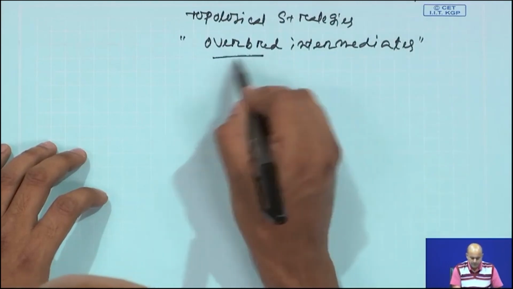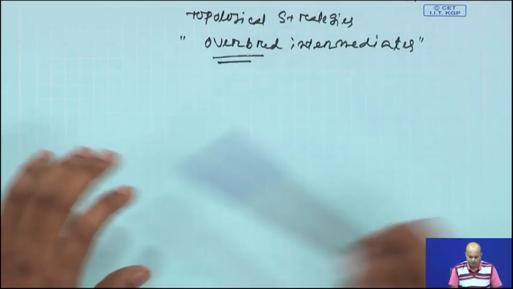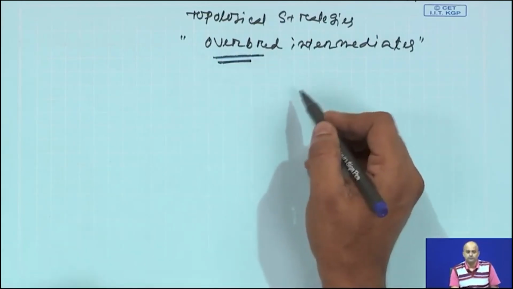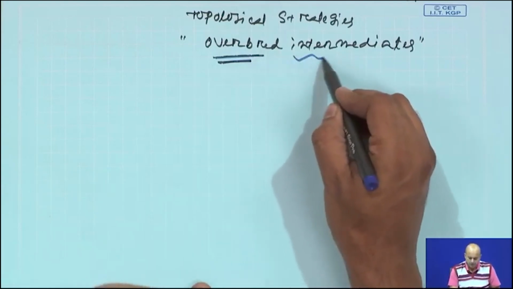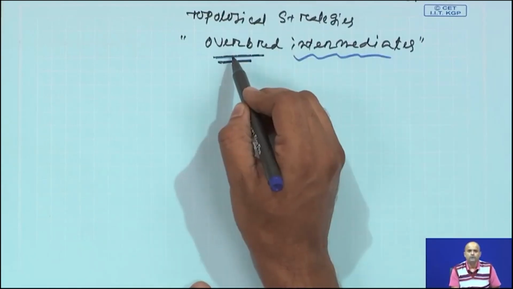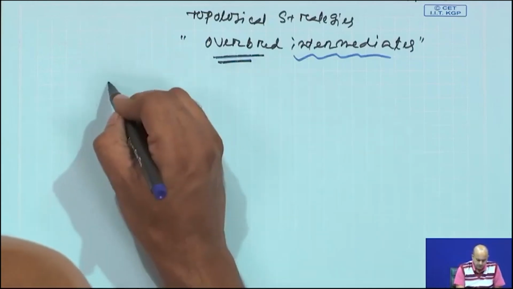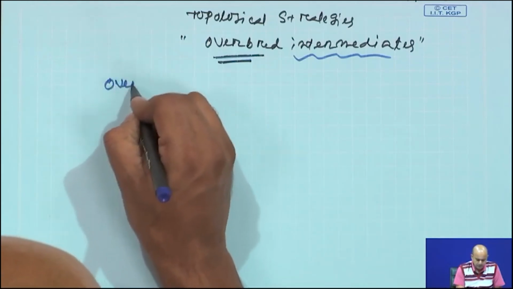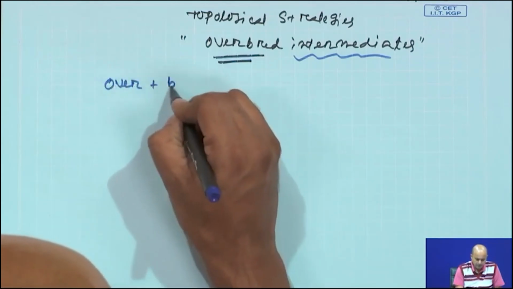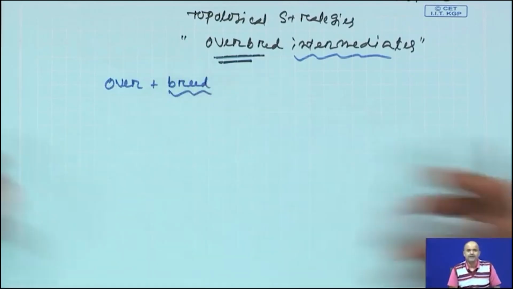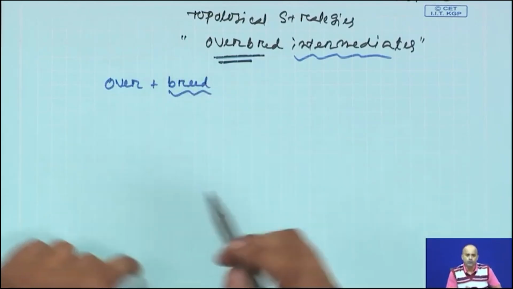This strategy or concept was used for a long time in the field of organic synthesis, but the terminology overbred was given very recently. Now, this basically means that bred means you are creating an excess thing which is not required.